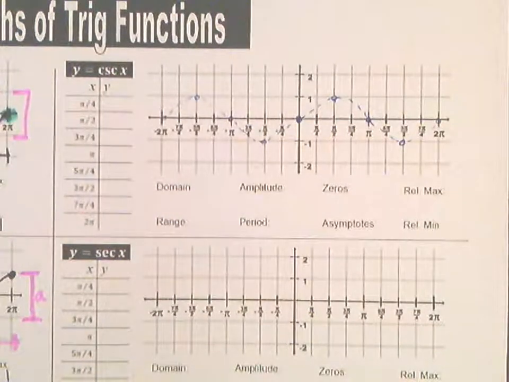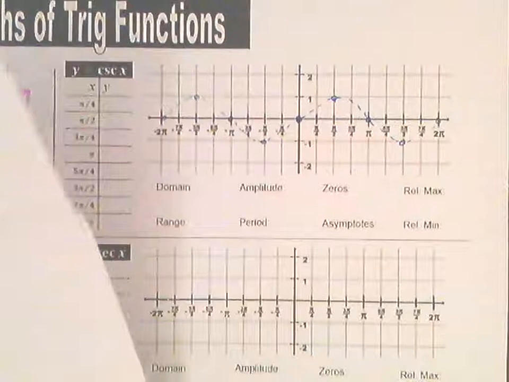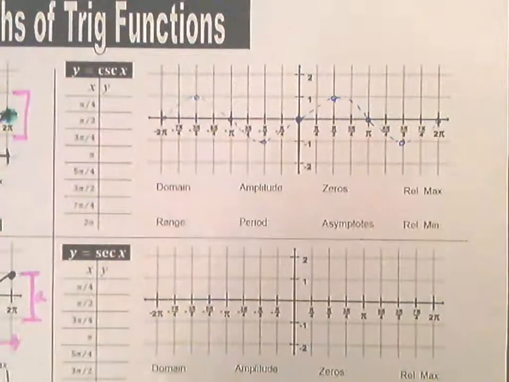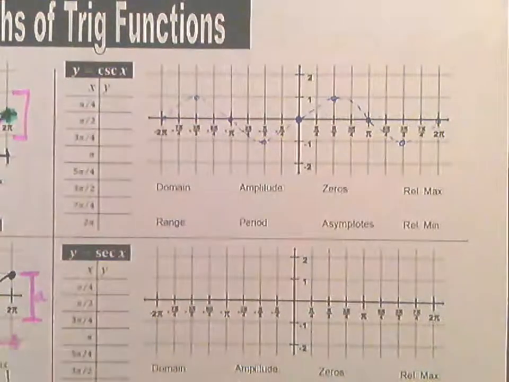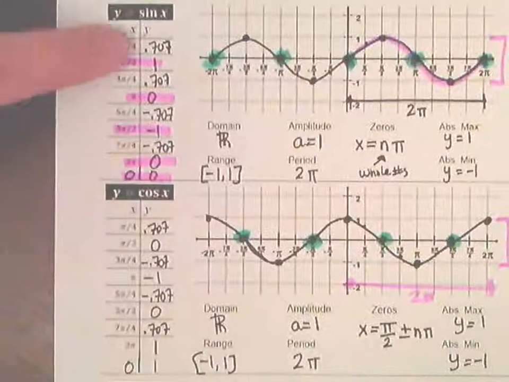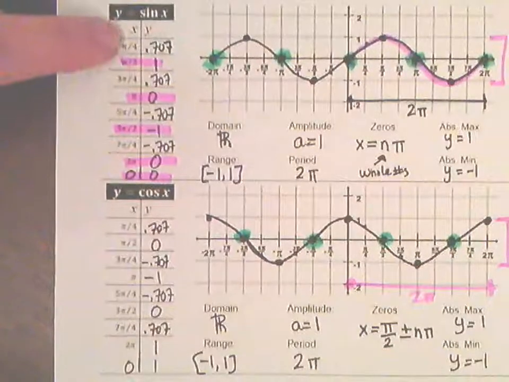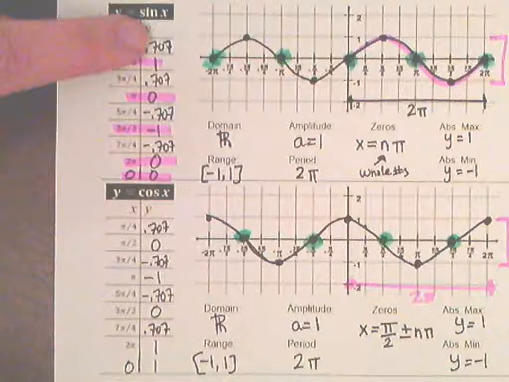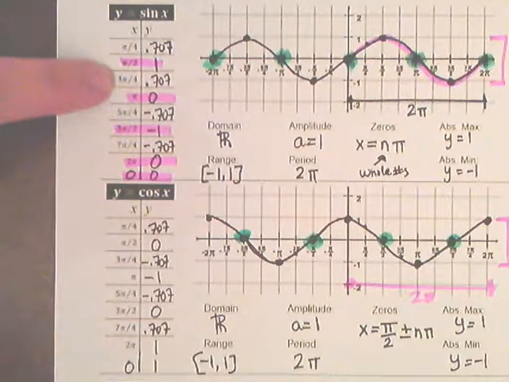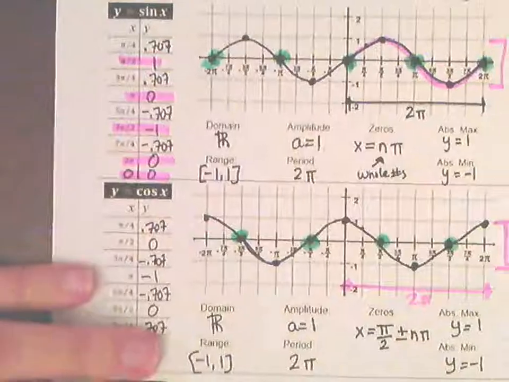All right, now identifying the values. I'm only going to do this for one of the values because just like in sine, if pi over 4 is 0.707 and 3 pi over 4 is 0.707, the same thing is happening on the other side, and I'll show you why.